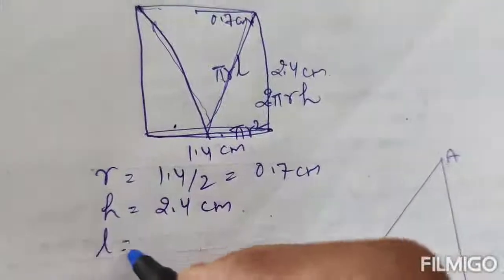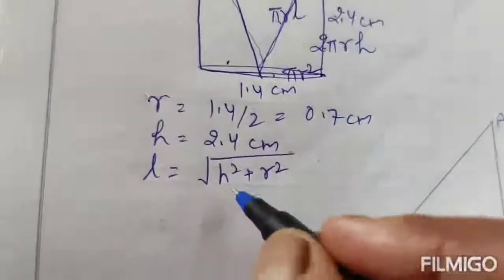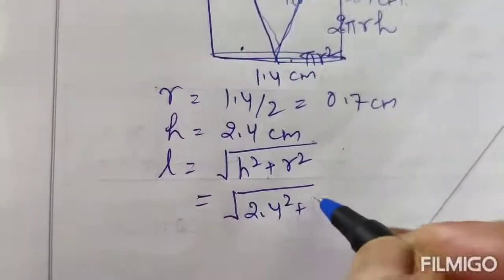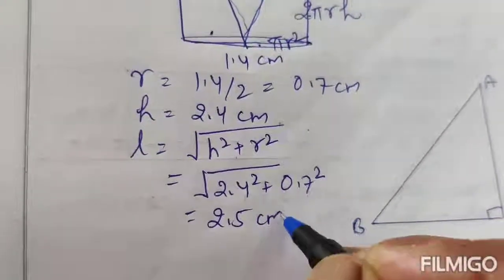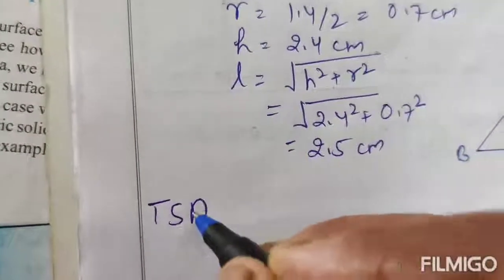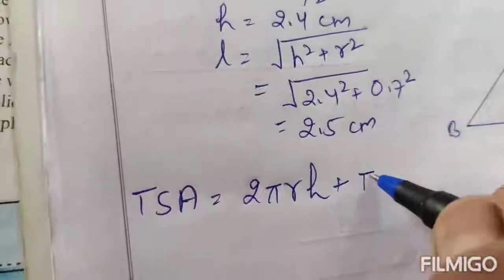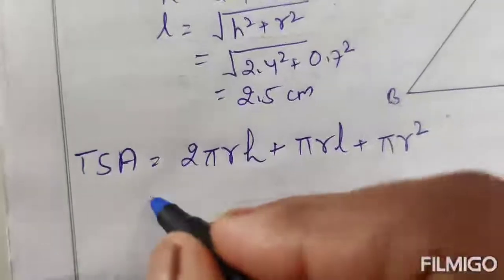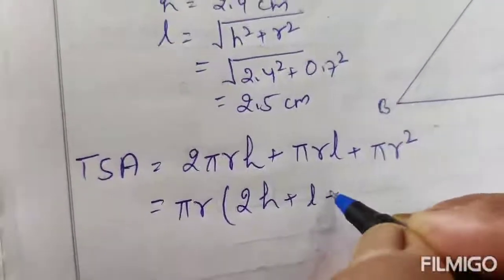And L equal to under root h square plus r square, means 2.4 square plus 0.7 square. Now we will get 2.5 centimeter. And the TSA of this cavity: 2 pi r h, CSA of cylinder, plus CSA of cone plus area of the base. Taking pi r common, 2h plus L plus r.